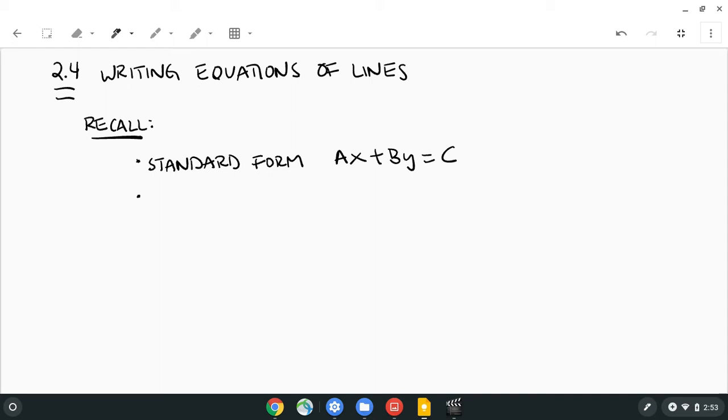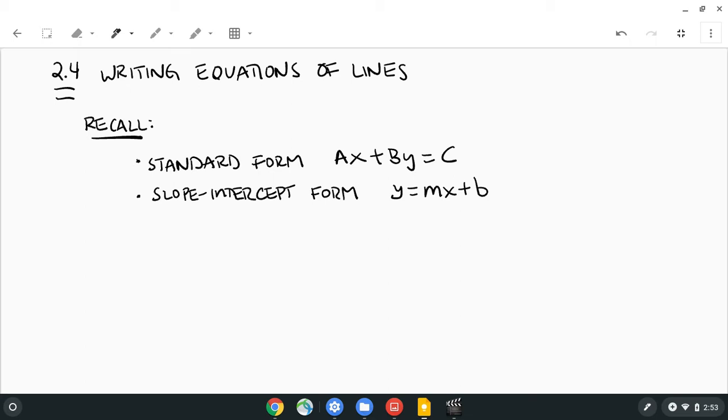We also had slope-intercept form, and that's the one where the y is by itself. So we looked at these two forms of the equation of a line.